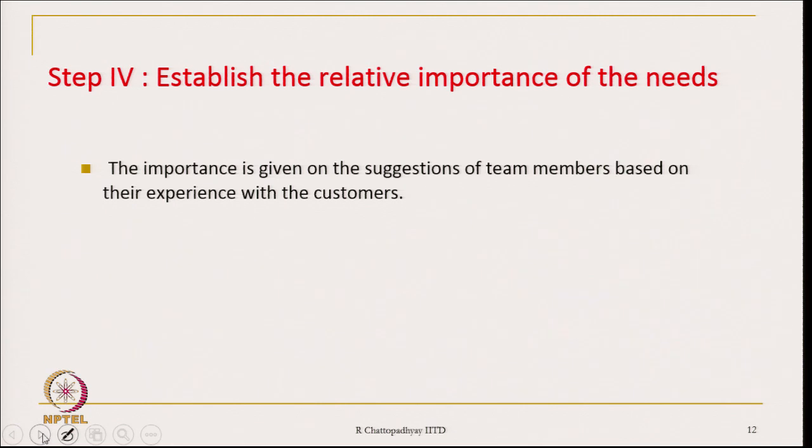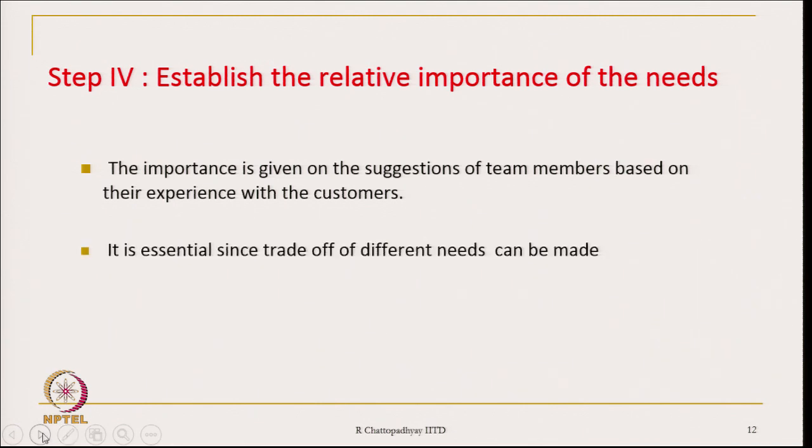Now, establish the relative importance of the needs. Once the primary needs are ready with us, we can attach some importance, that is, which needs are most important to be fulfilled and which needs are less important to be fulfilled. The importance is given on the suggestion of the team members based on their experience with the customers.